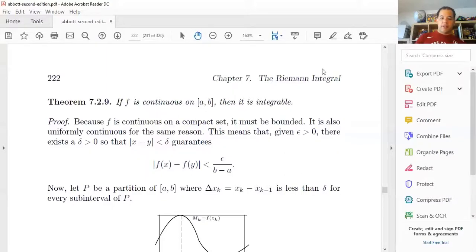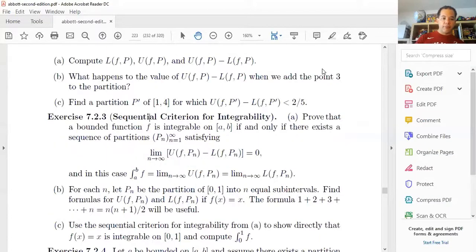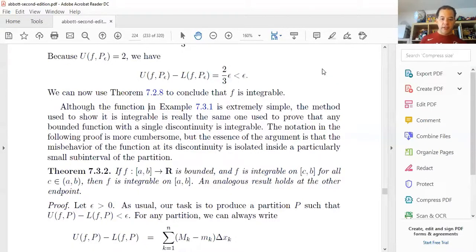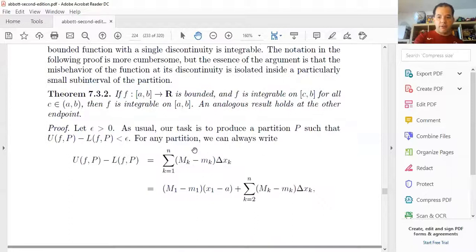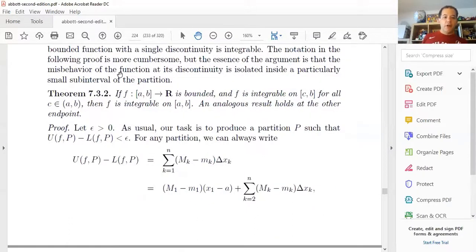So let's go to 7.3.2 right here. It says the following. I'm going to box it so that we can all see the same thing. Yeah, this one over here.